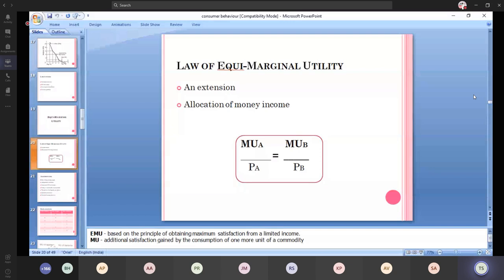Here in the equimarginal, we are doing the same, but it is considered an extension, because in the second theory, the consumer is going to buy two commodities and he can compare, because the utilities can be measured. So he can compare the levels of marginal utility which he receives from the two products. Is it clear, guys?